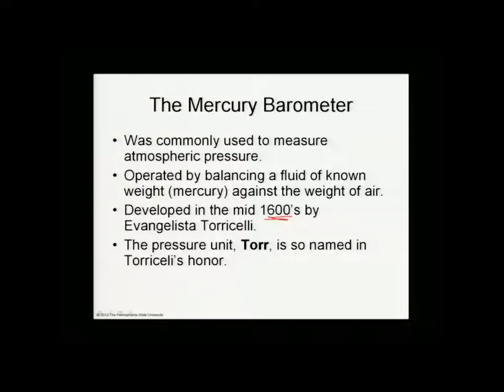It was invented by Torricelli, and of course that's why the unit for pressure is torr, in his honor. So if you have a column of mercury in a piece of glass, it has a certain weight, and then you balance it with the force from the atmosphere, and that's how we can basically measure pressure.